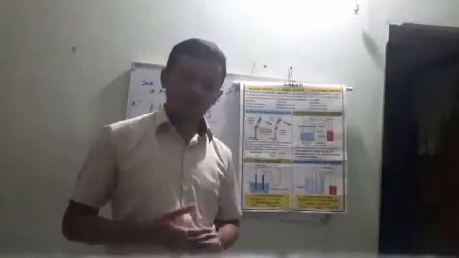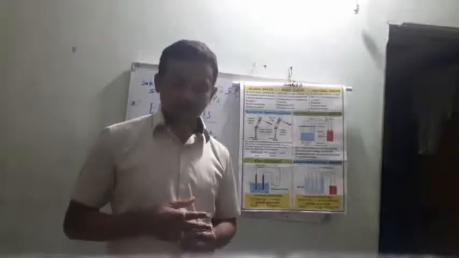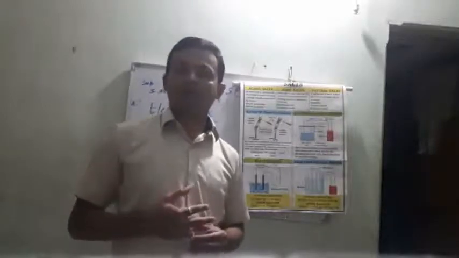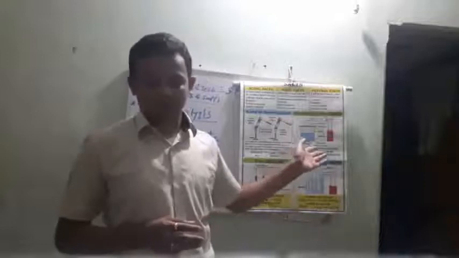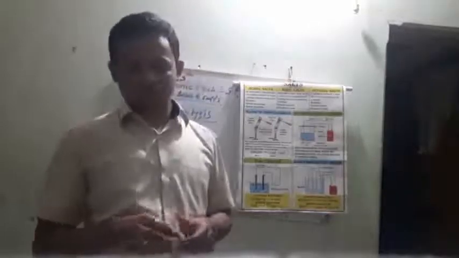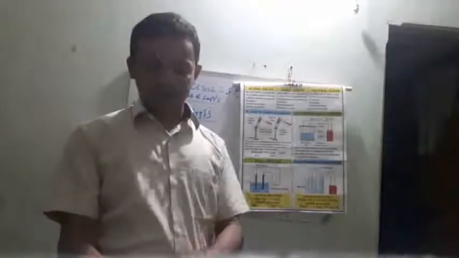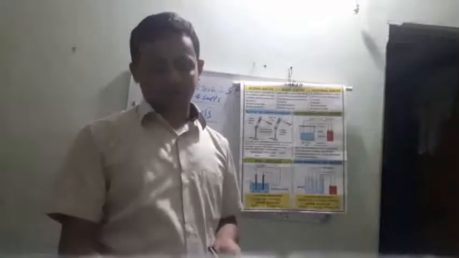In the exam you may be asked to explain what is meant by electrolysis of water and write the electrode reactions. We know that there are electrodes, positive electrode and negative electrode. The positive electrode is known as the anode and the negative electrode is called the cathode.